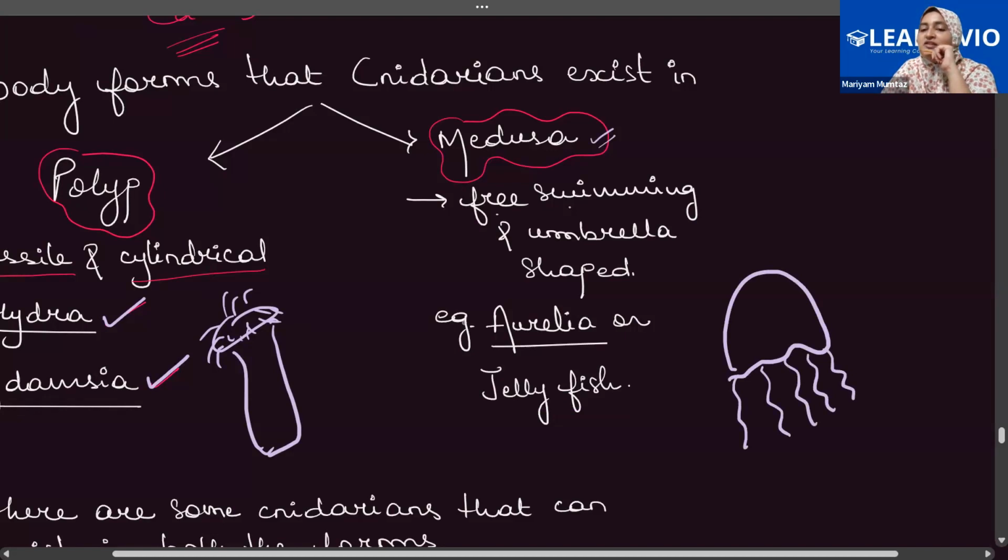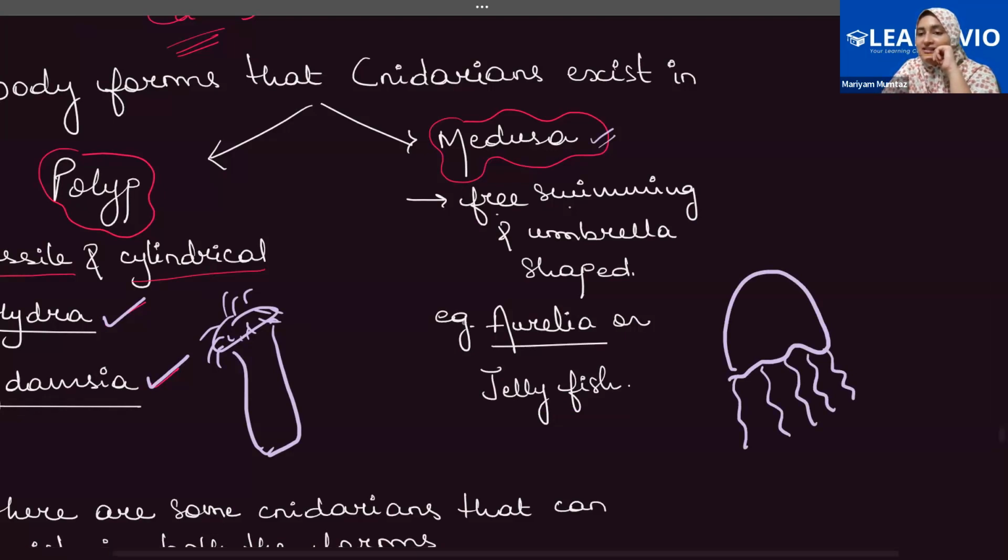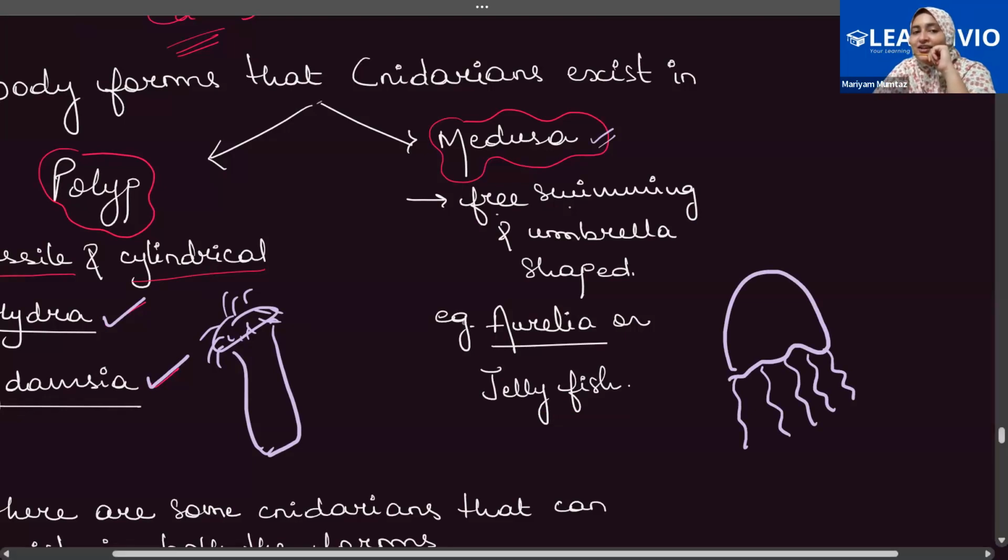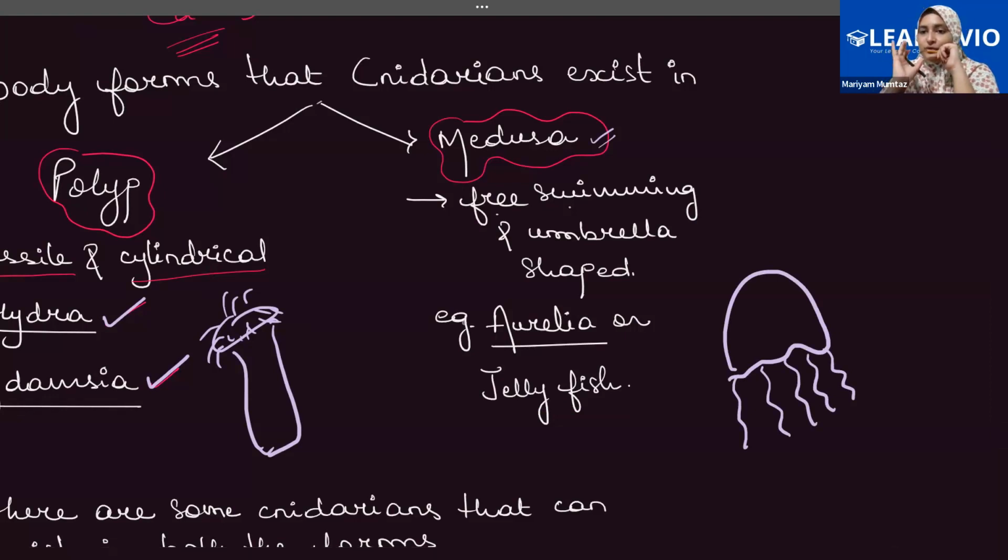How many of you have seen SpongeBob? Everyone has seen SpongeBob? Okay, this entire chapter we can learn from SpongeBob only. Have you seen SpongeBob SquarePants, the lead? What is it? It is a porifera. It is a sponge.